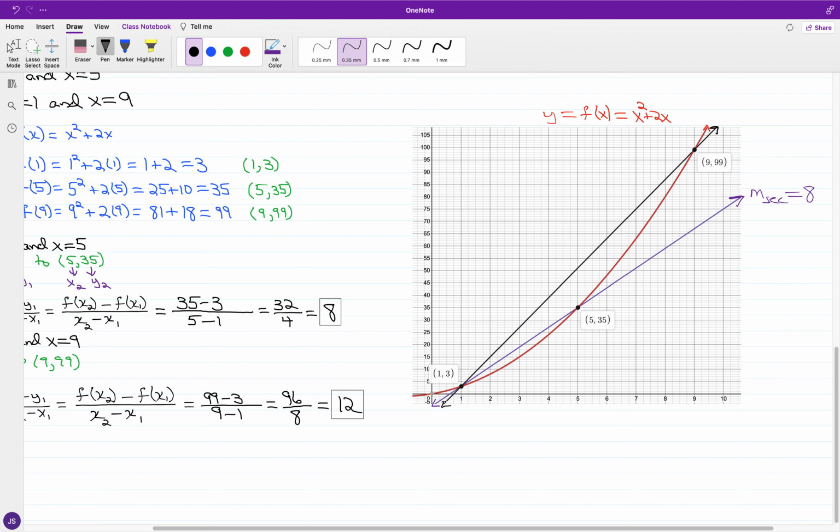So this time going from 1, 3 to 9, 99, the slope of the secant is equal to 12. And if I were to venture out further, say to x equals 10, x equals 20, and so on, you would have a secant slope that would be substantially higher than 8 or 12.